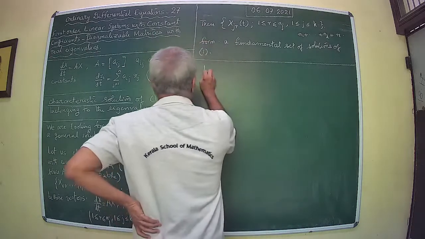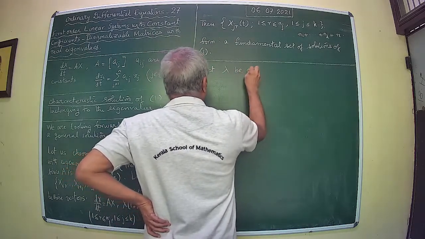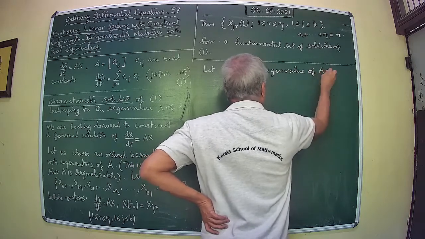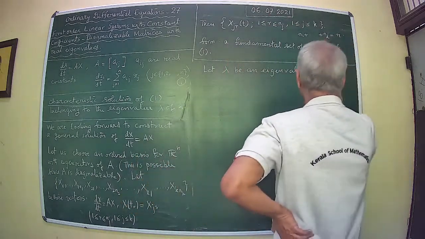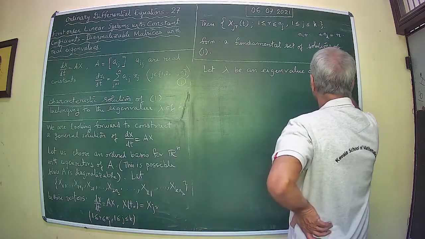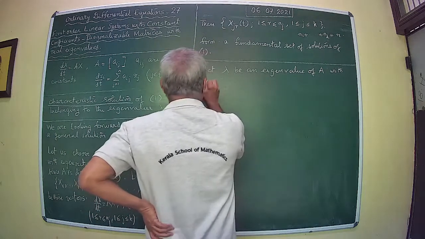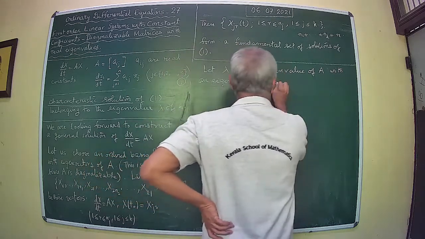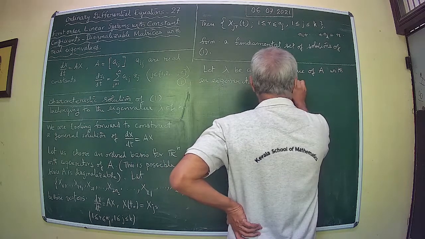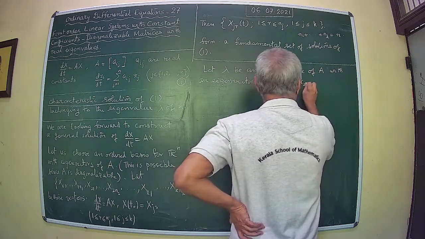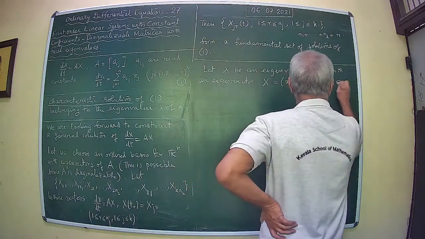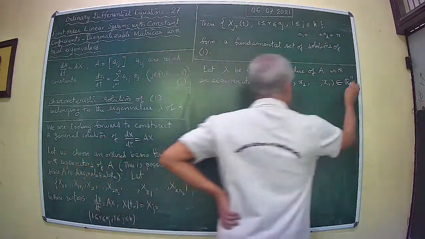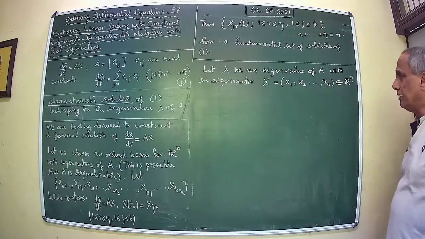So let lambda be an eigenvalue of A with an eigenvector x in Rn belonging to lambda. Now what you have is this.